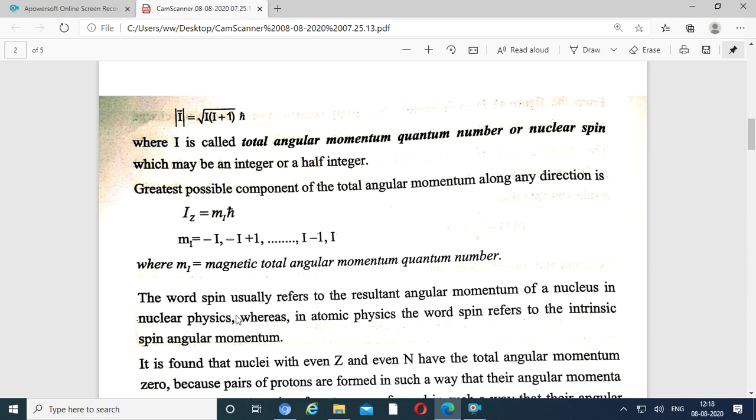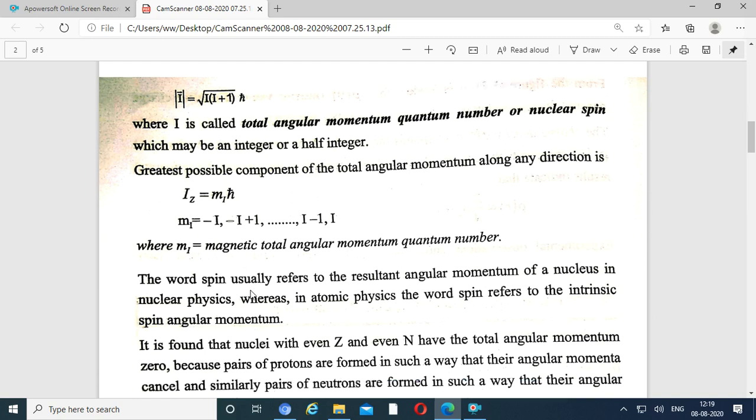The word spin usually refers to the resultant angular momentum of a nucleus in nuclear physics, whereas in atomic physics the word spin refers to the intrinsic spin angular momentum.